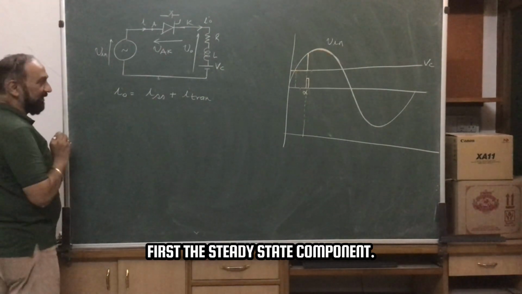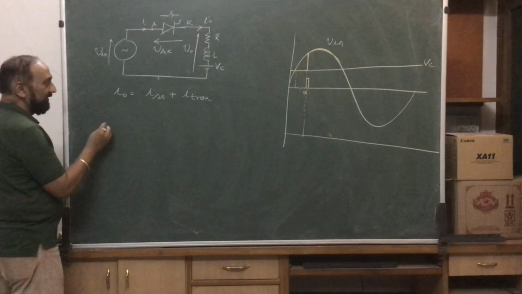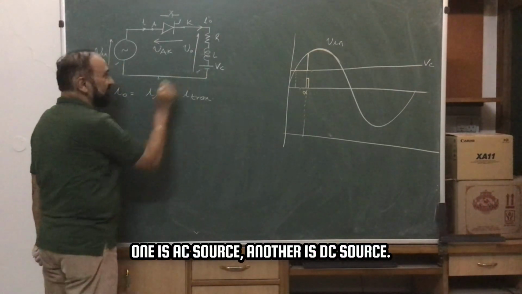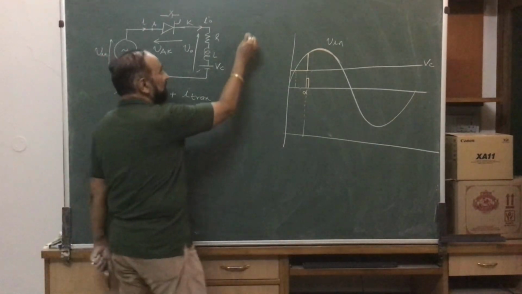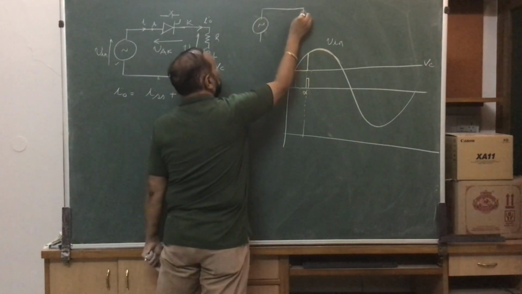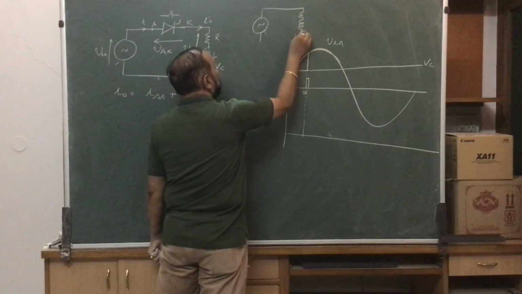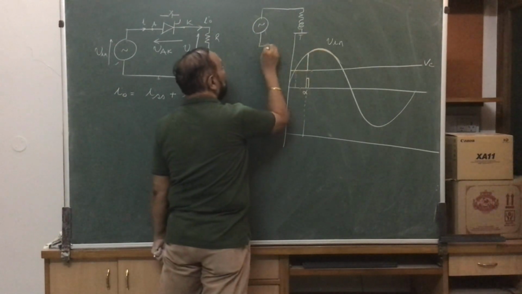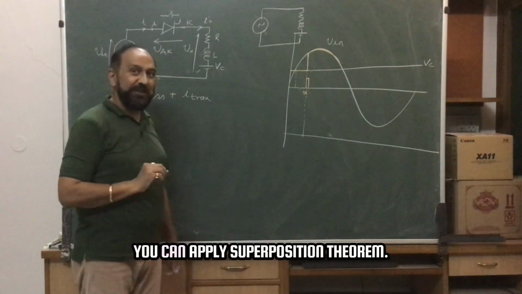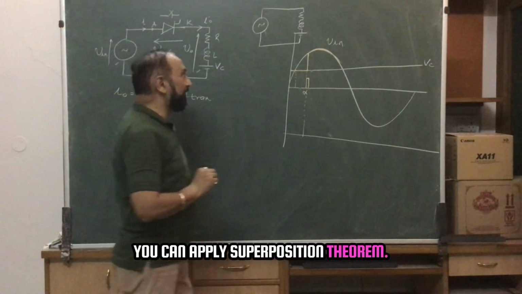First, the steady state component. There are two sources, one is the AC source, another is the DC source. You can apply the superposition theorem.